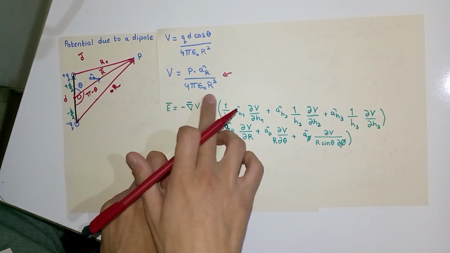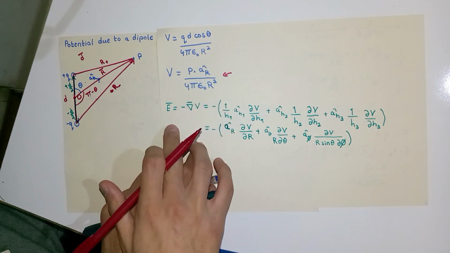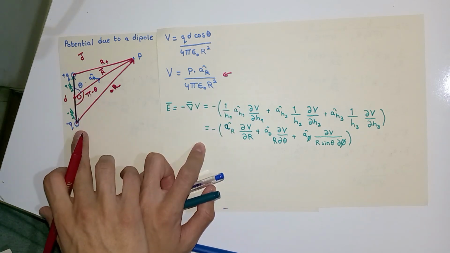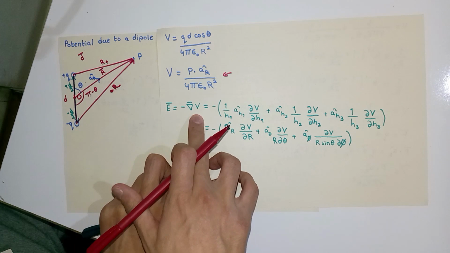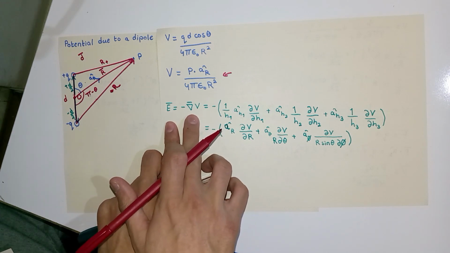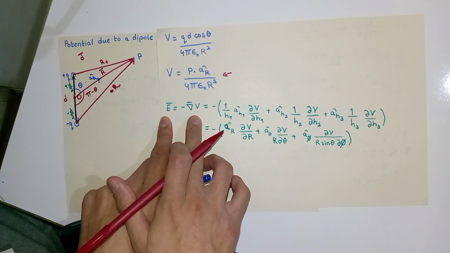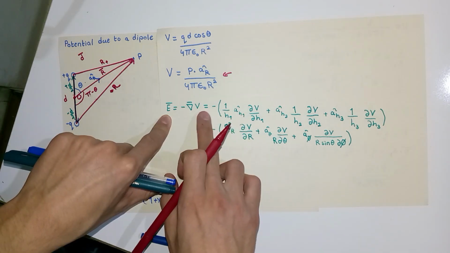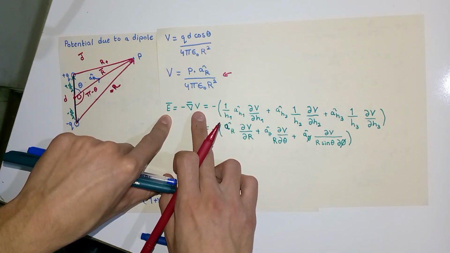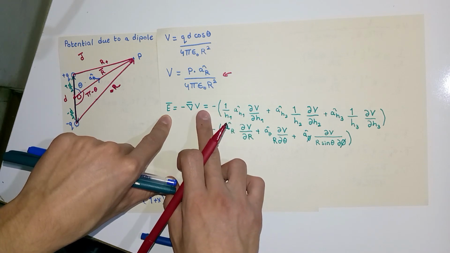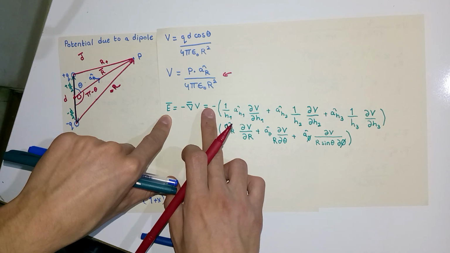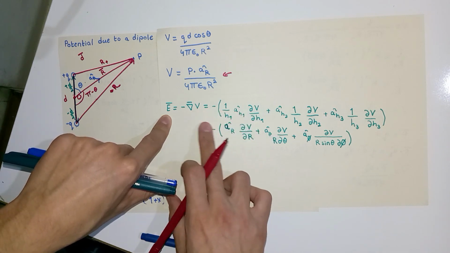Now we will exploit this equation in order to find the electric field due to an electric dipole by only using the gradient operator. We all know that the electric field is the negative gradient, and in order to apply the gradient operation, we will apply the partial derivatives with respect to spatial coordinates for the scalar value.